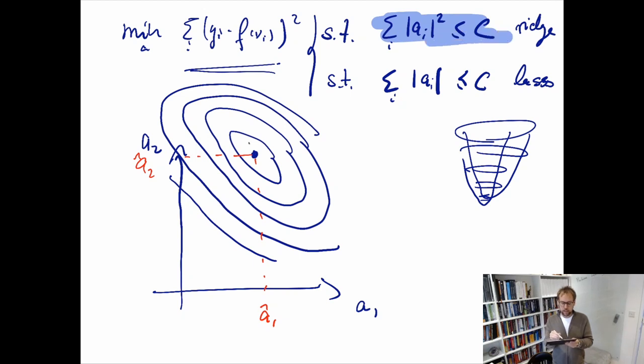Such a constraint will just look like a circle. The condition a1 squared plus a2 squared equal to c, or equal to r squared, would be just the equation of a circle basically. So c would be equivalent to r squared. So what I have here is effectively the equation of a circle.